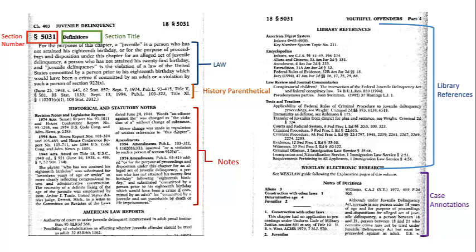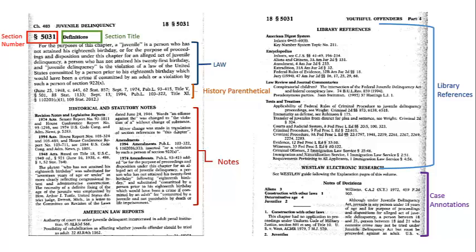So once again, if you're dealing with an area of law that is based on a particular statute, if you go to the statute, an annotated version is going to give you a lot of leads.